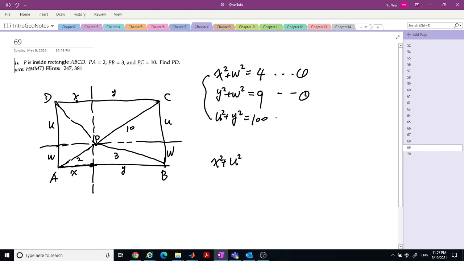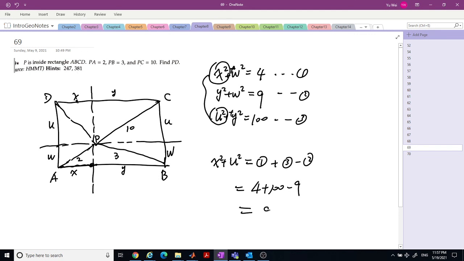So we want x squared and u squared, and we want to take out y and w. So this equals 1 plus 3 minus 2, right? So 4 plus 100 minus 9 is equal to 95.